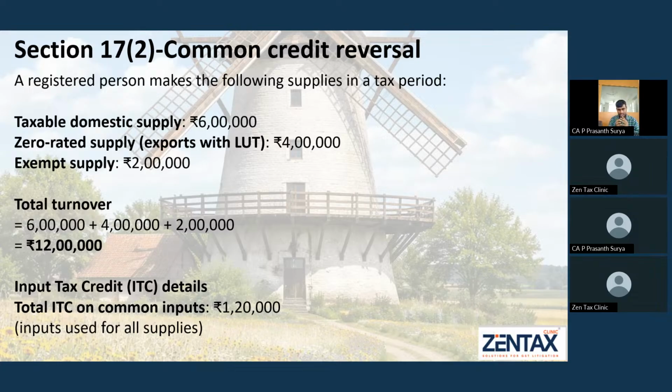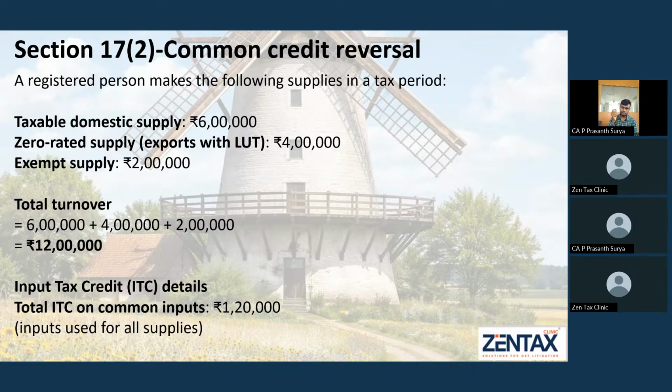Only if we are using an expense for effecting both taxable supplies and exempt supplies, then only there will be a situation where common credit reversal would be required to be done in Form GST 3B, the monthly return that we are going to pay. Today is the due date of Form GST 3B for November.